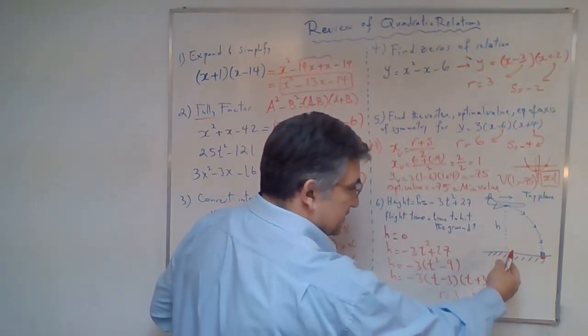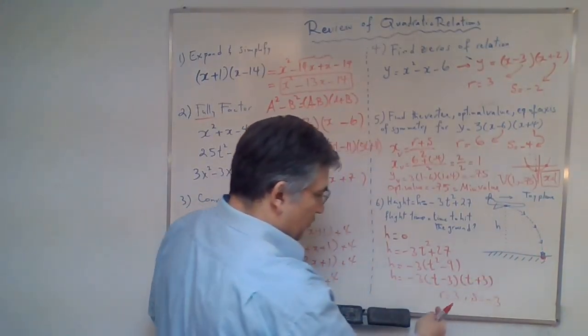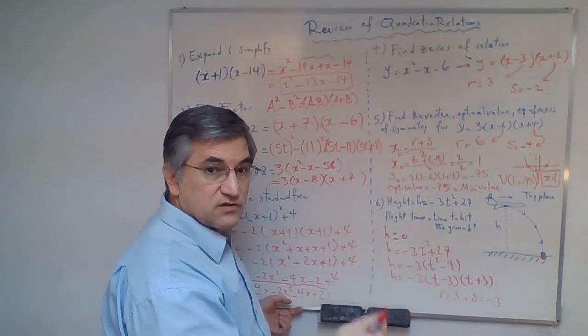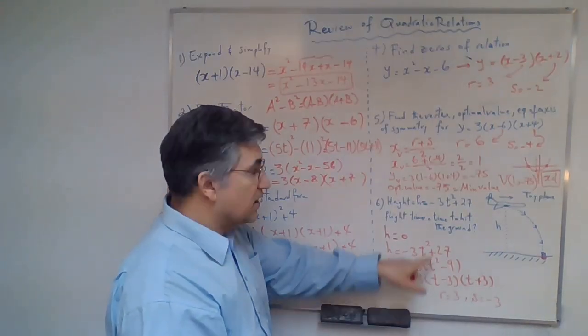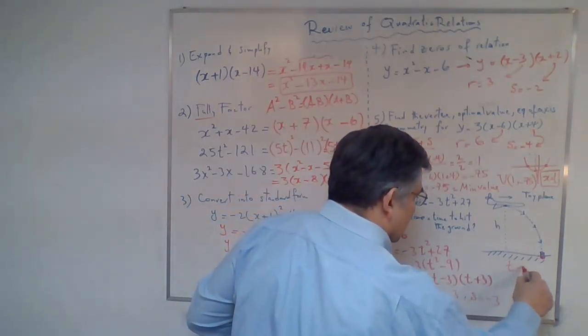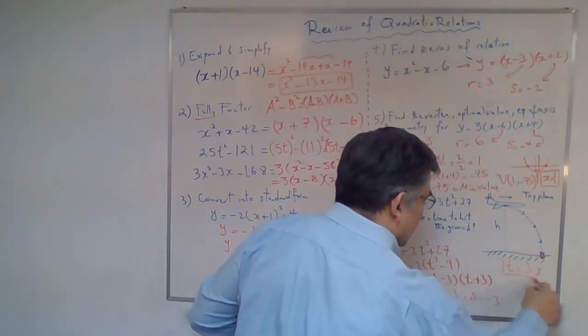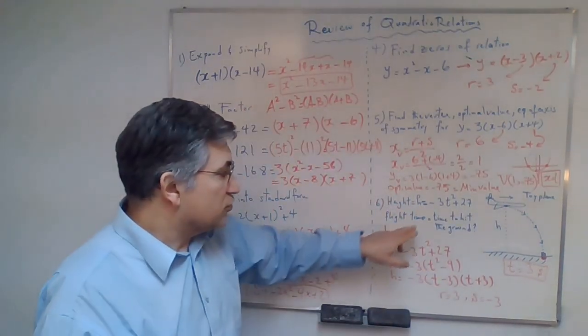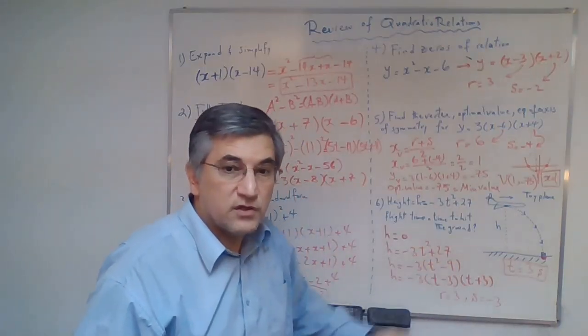And that happens on the right side. So we're going to say here r equals 3 represents the time, which is 3 seconds, for the object to hit the ground. So t equals 3 seconds is the flight time, or the time required for the object to hit the ground.